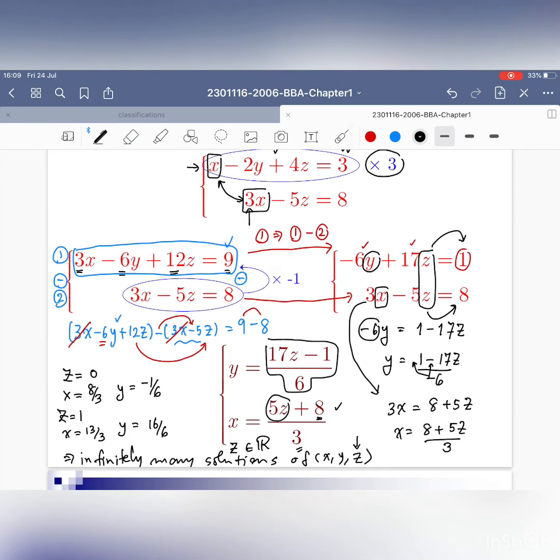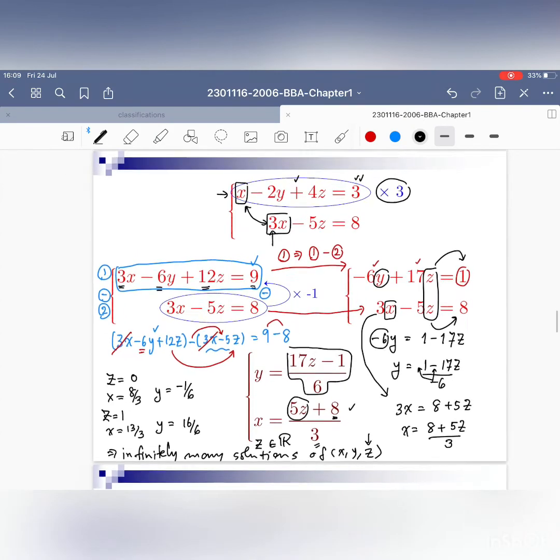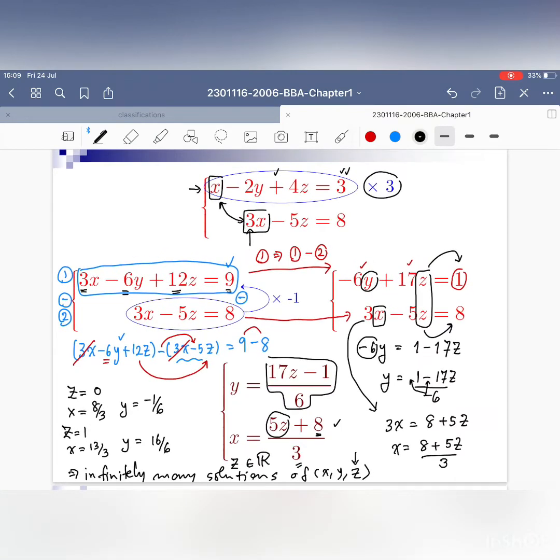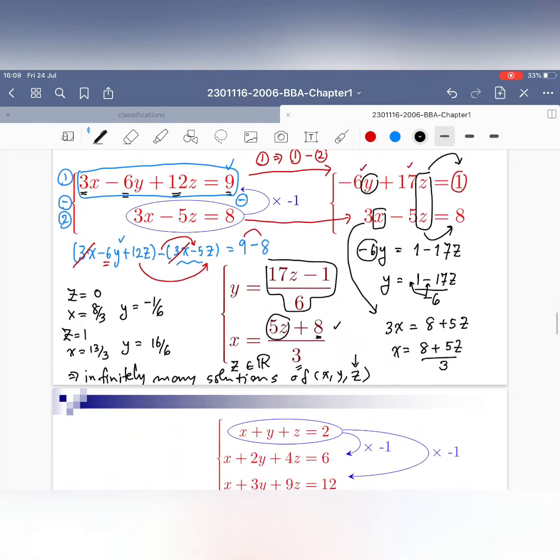As you change the value of z, your x and your y change. So this is one of the things that you may need to notice, that hey, we got two equations, but three unknowns.